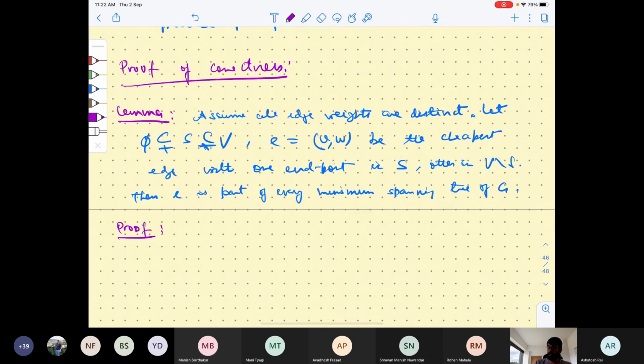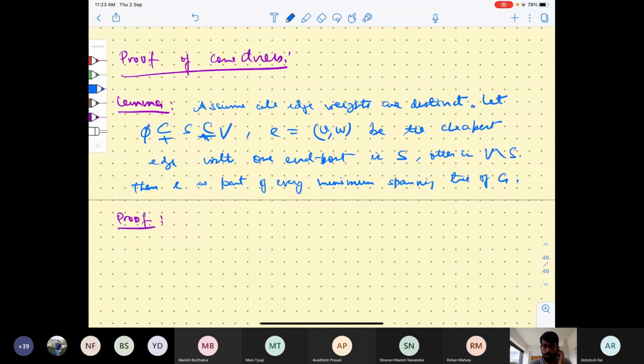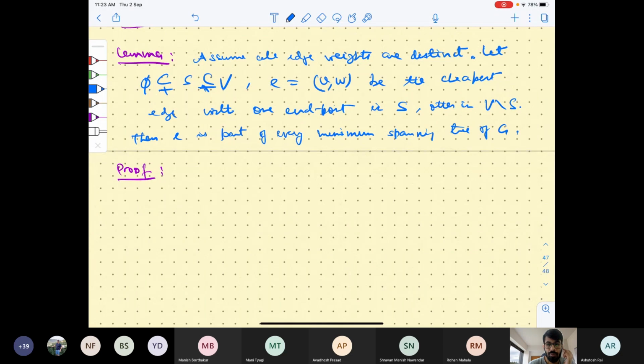Is the lemma statement clear? So what we want to show is that we look at an edge that is the cheapest between two parts of the graph. So we have these two parts.